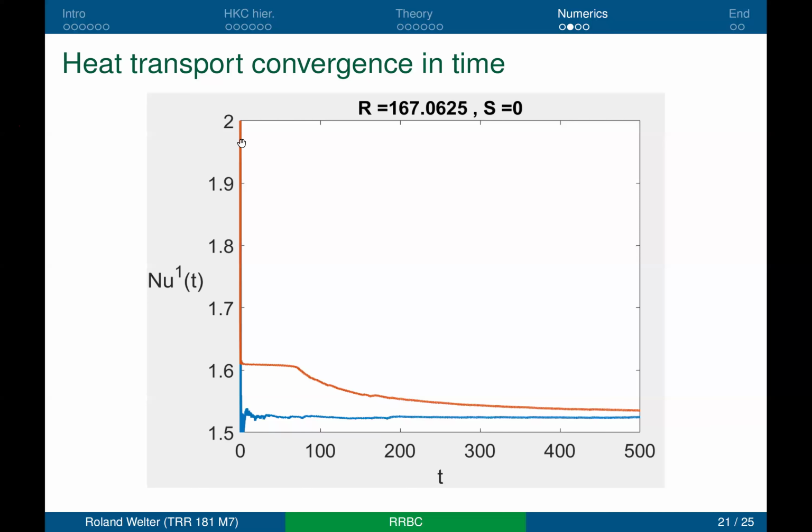But there was also another scenario which I observed, which is if the initial condition by chance started near some unstable fixed point, then the Nusselt number appears to converge to some value, but eventually converges to some other value. So you just have to be careful about how long you integrate the solutions.